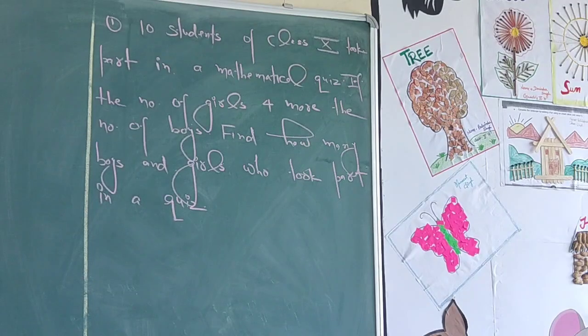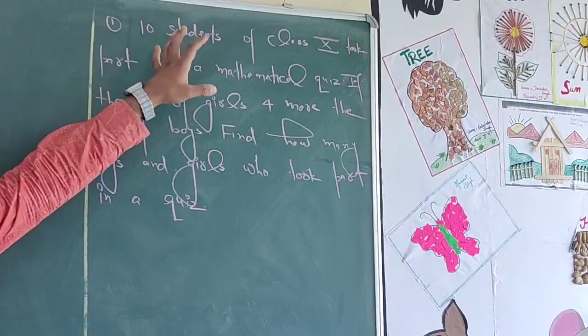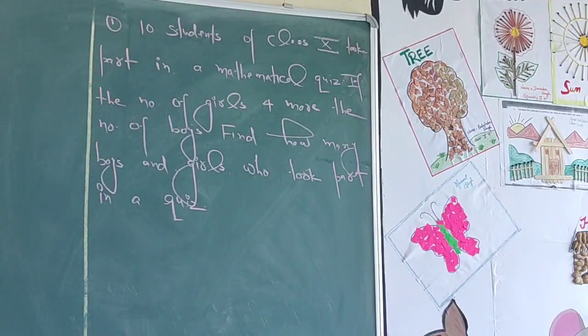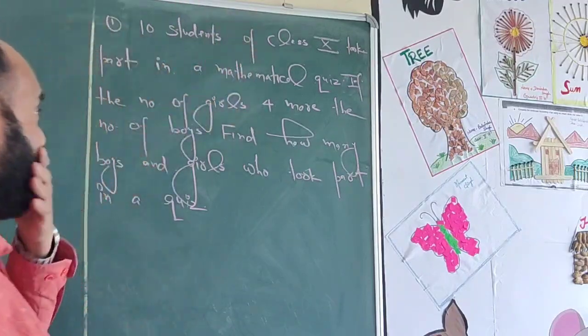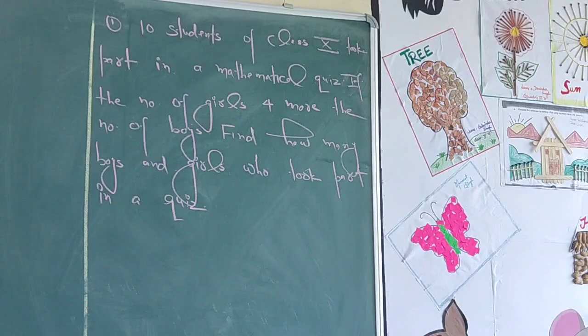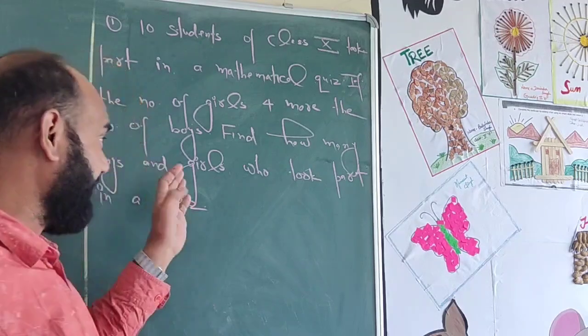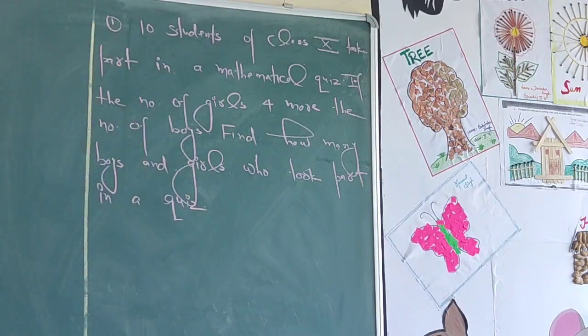Exercise 3.2, question 1: Solve this situation graphically. The situation is: 10 students of class 10 took part in a mathematics quiz. If the number of girls is 4 more than the number of boys, then find how many boys and girls took part in the quiz.